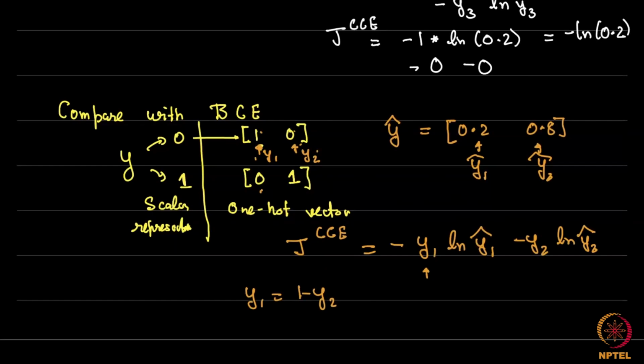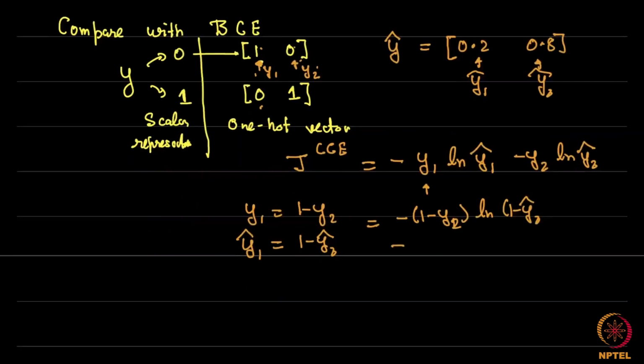If y1 is 0, then y2 has to be 1. Similarly, y1 hat will be 1 minus y2 hat. Substituting this gives us 1 minus y2 times ln 1 minus y2 hat, minus y2 ln y2 hat, which is exactly the same as J binary cross entropy.